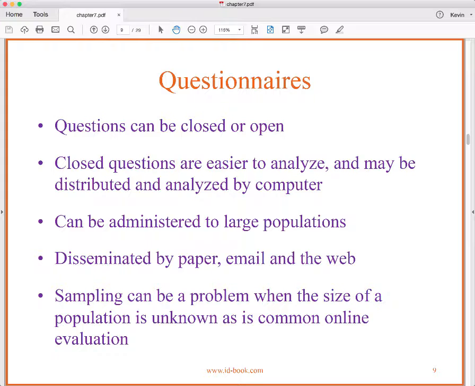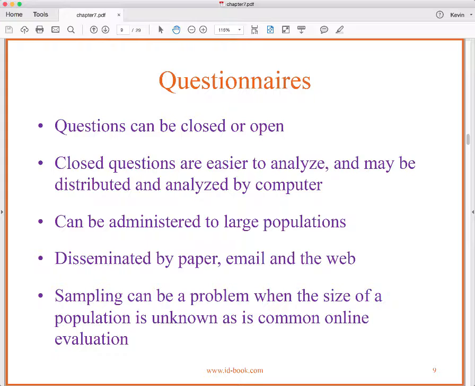And so you're at a disadvantage there. So there are certainly things that we can do to make questionnaires more engaging or less off-putting, but there's certainly things that we ought to consider.